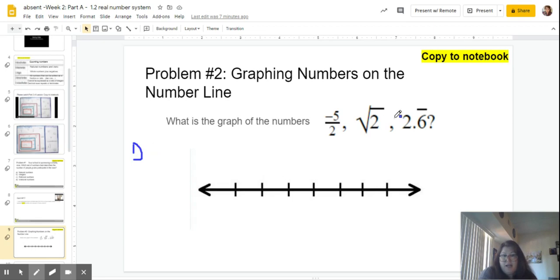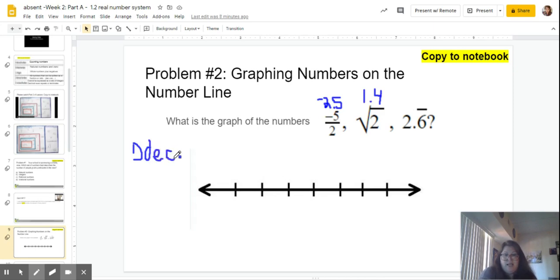So when I convert -5 over 2 to a decimal, I have -2.5. When I have the square root of 2, that's going to be roughly 1.4. And when I have 2.6 repeating, it's already decimal, so I don't need to convert it. So we're going to first put everything in decimal form.